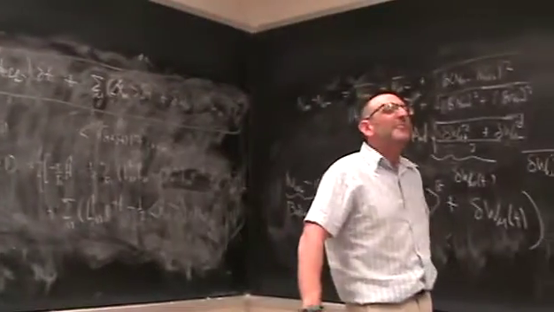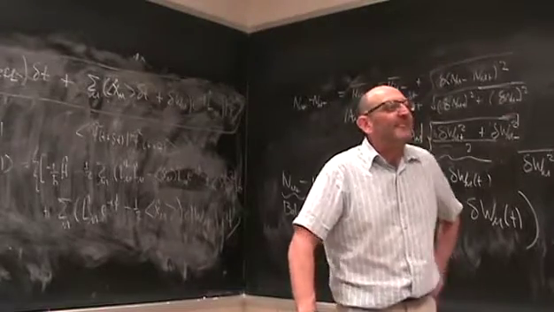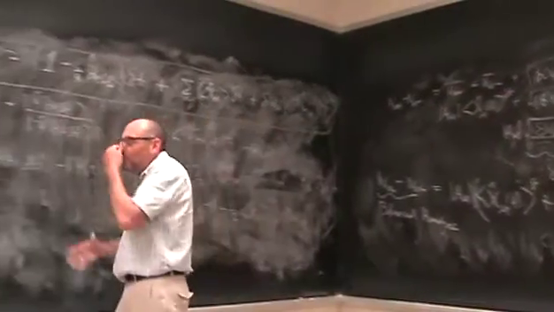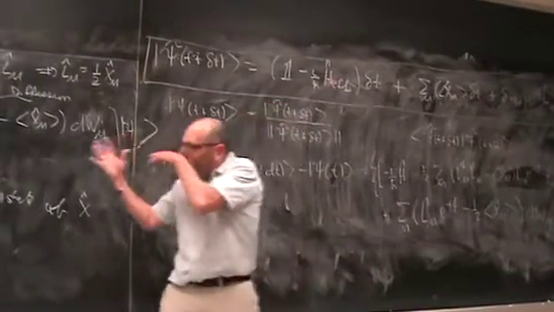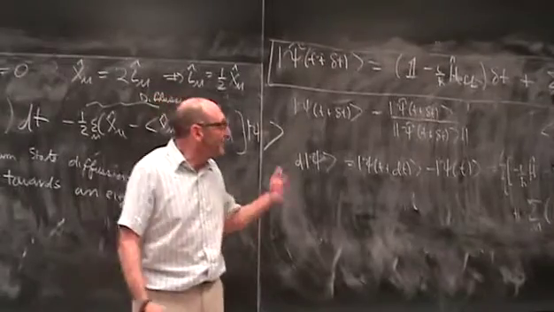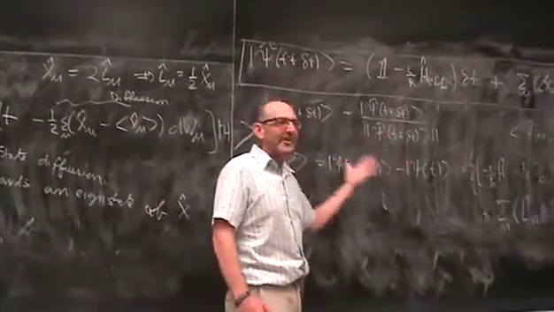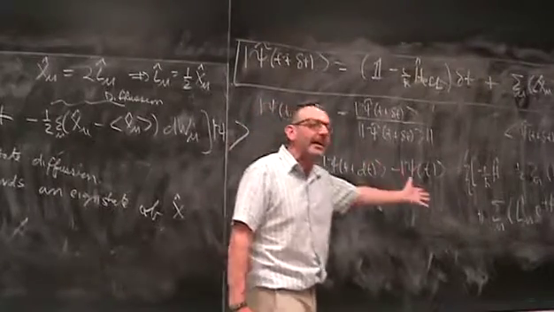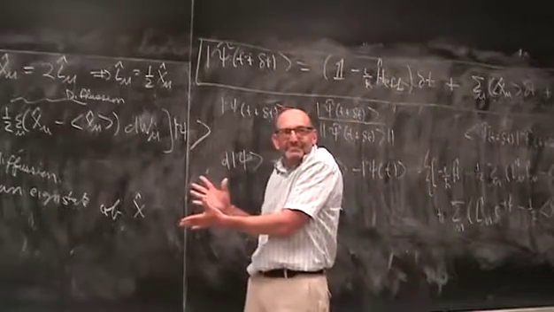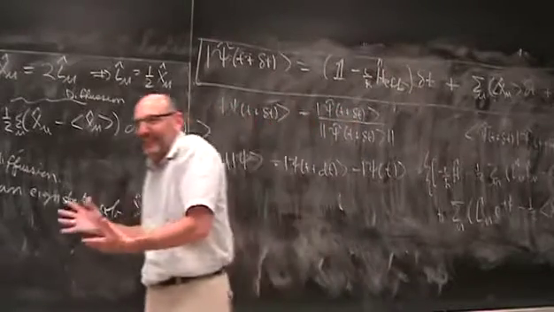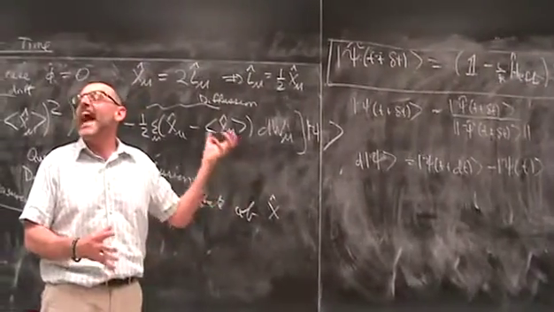I think the way we interpret it today is that this is just one possible unraveling of the master equation. It's not obvious, but if you do the statistical average of this over all possible trajectories, you get, again, the master equation. But if you don't actually measure anything, it's not fair to say that's what actually happened.